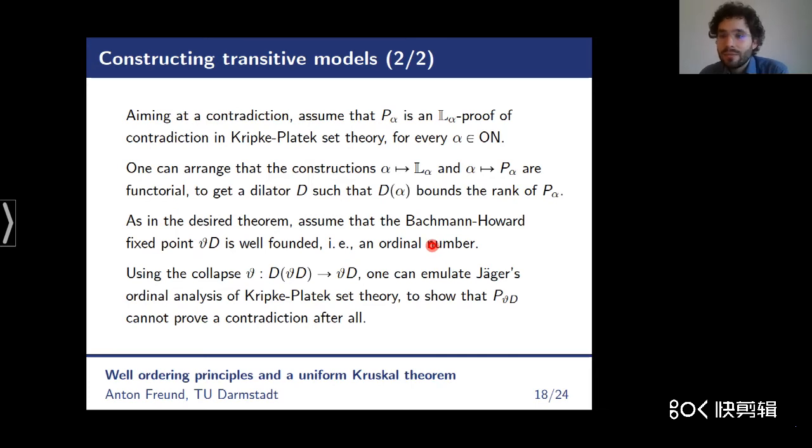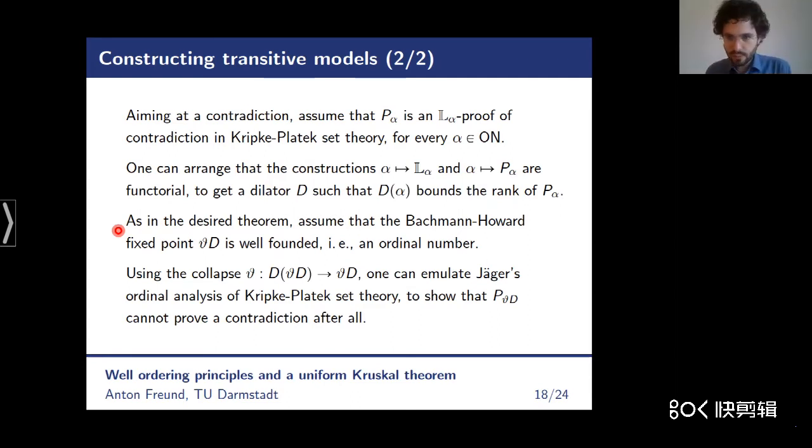And now, by the direction of the theorem that we want to prove, we know that this delator D will have a Bachmann-Howard fixed point theta of B that is well-founded, or in other words, an ordinal number. And the idea is now simply that we can use this ordinal number and known techniques from ordinal analysis in order to produce a contradiction and conclude the proof.